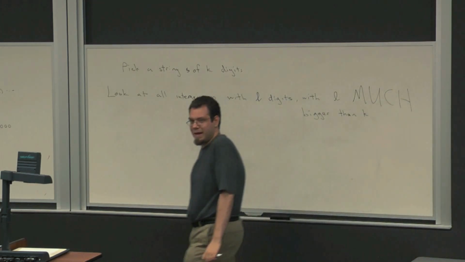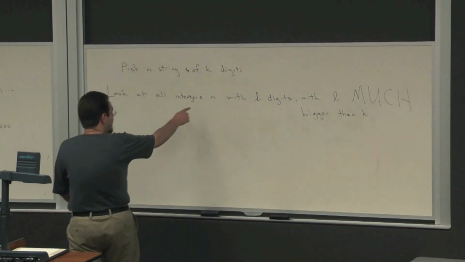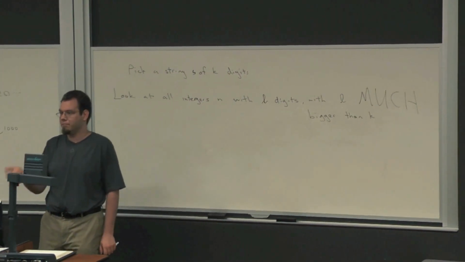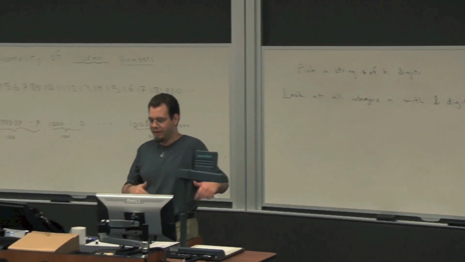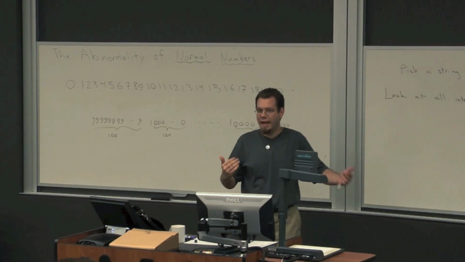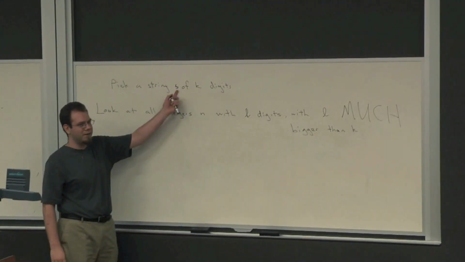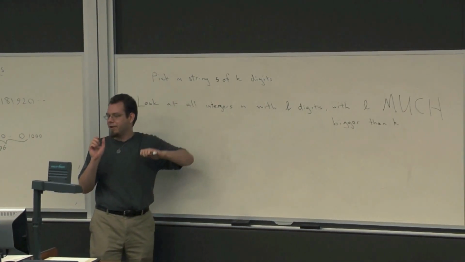Well then, I would expect that in almost every one of these, I'm going to see this string appear with roughly the right frequency, because, laws of averages. And we can actually put a value on it. We can say roughly how many of these are going to have this appear to roughly the right value.